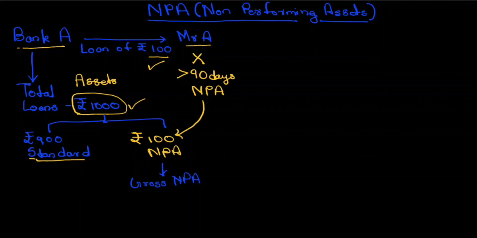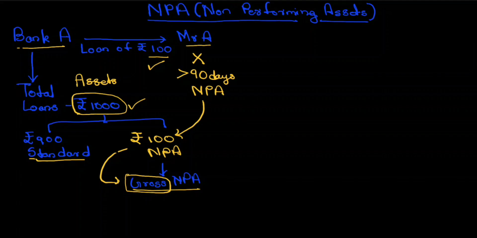Now, in banking, this NPA of rupees 100 can also be called a gross NPA because no deductions have been made. Whenever there is an amount where there are no corresponding deductions made to it, it can be called gross.